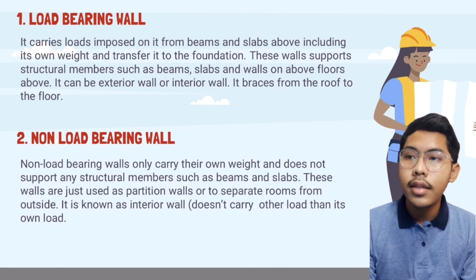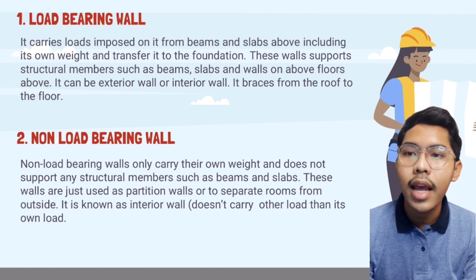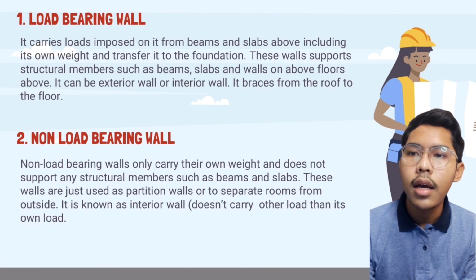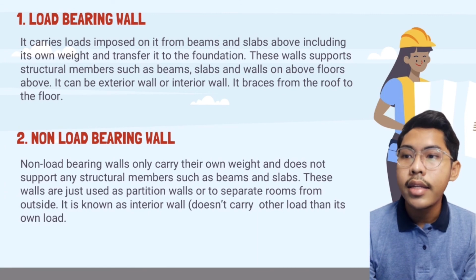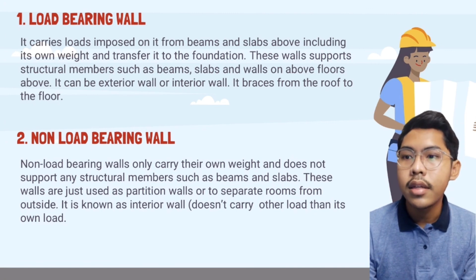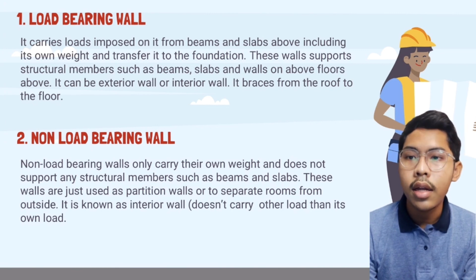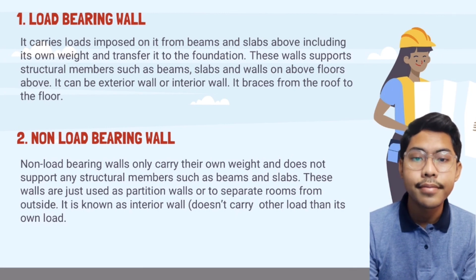And number 2 is the non-load-bearing wall. Non-load-bearing walls only carry their own weight and do not support any structural members such as beams and slabs. They are used as partition walls or to separate rooms from the outside. It is known as an interior wall because it does not carry any load other than its own.